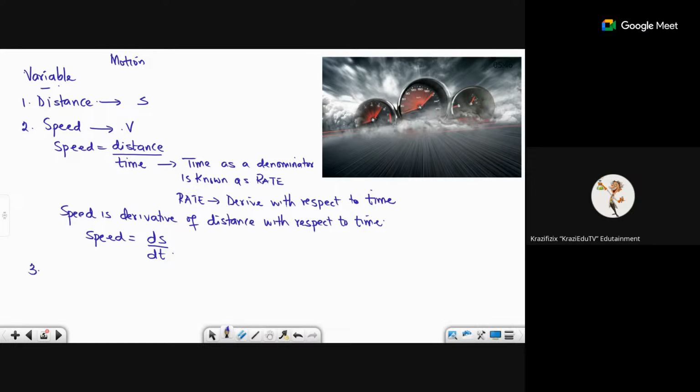Look at number 3. Same thing. Acceleration, which is velocity over time. What are we doing? We are now deriving velocity, or speed, over time. It means we are deriving speed with respect to time.